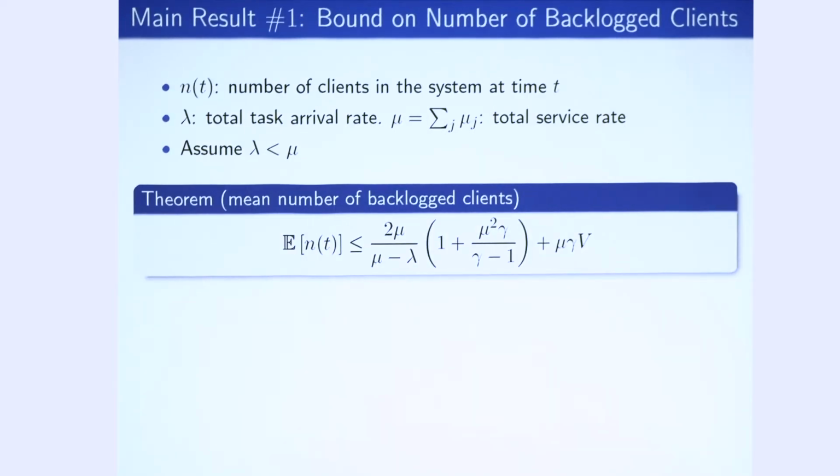So now let me present our main result. Our first result is an upper bound on the mean number of backlog clients. So N_t is the total number of clients in the system at time t, lambda is the total task arrival rate, and mu is the total service rate, and we assume lambda is strictly less than mu. In this case, we can upper bound the mean number of backlog clients in the system under our policy.